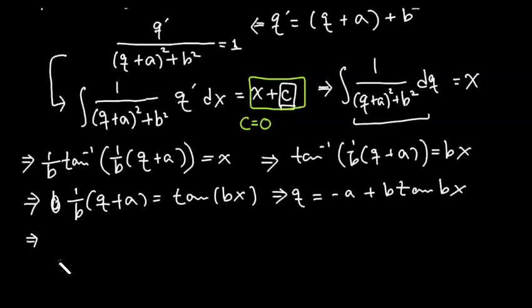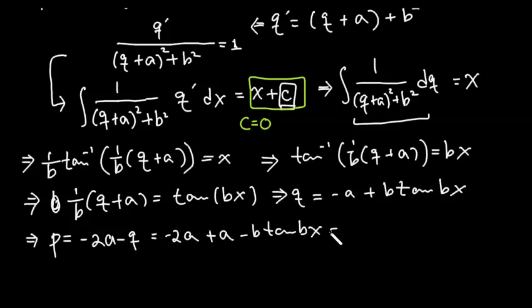So we figured out the q(x), and the p(x) is going to be, so over there, negative 2a minus q, so negative 2a there. And if you flip the sign, we have a positive a minus b tangent bx is going to be the shape of p. So that's negative a still. And this time a negative b tangent bx.